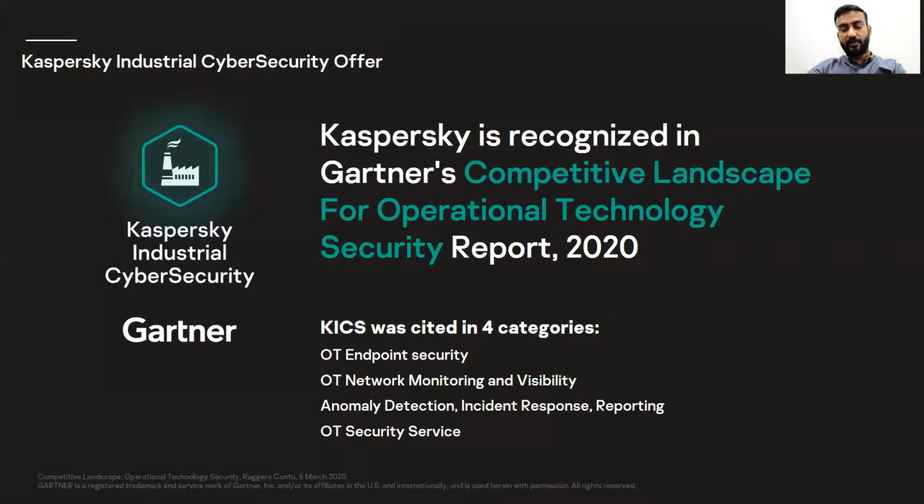In the Gartner report, you can see that the Kaspersky Industrial Cybersecurity solution was cited in 4 categories, compared to our competitors, who were found in only 2 of the categories in the report. So this really means that, with our Gartner report together with our customer review ratings, KICS receives the highest level ratings.